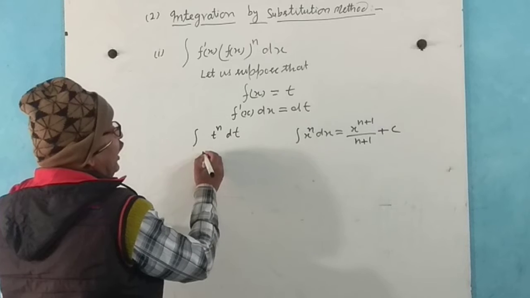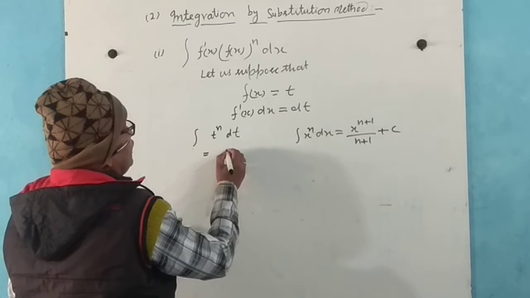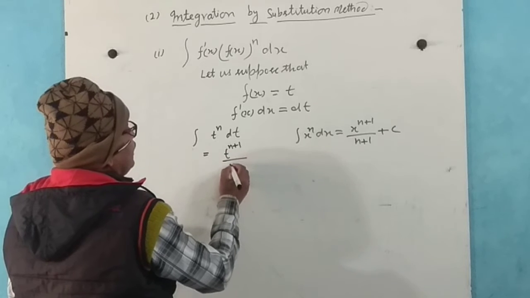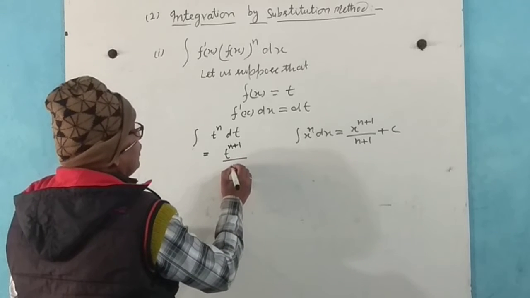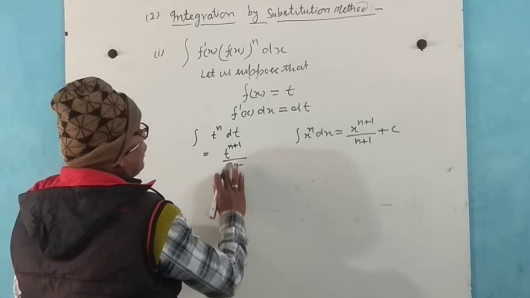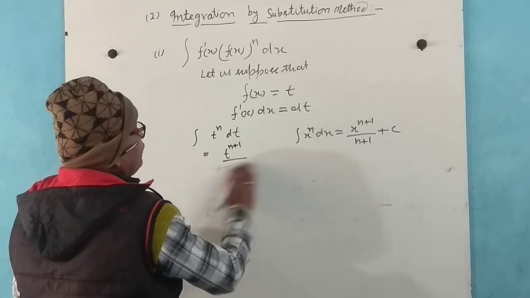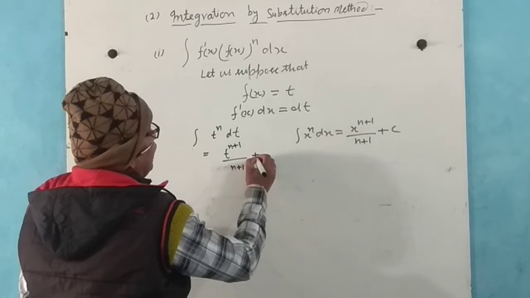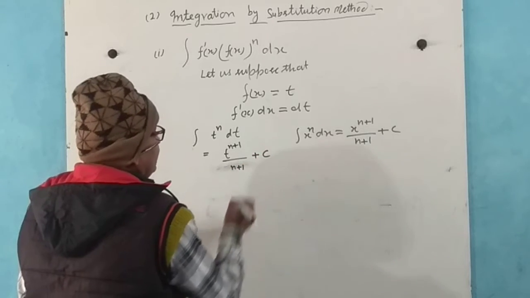Now with the help of this, it is t to the power n plus 1 divided by n plus 1 plus integrating constant c.